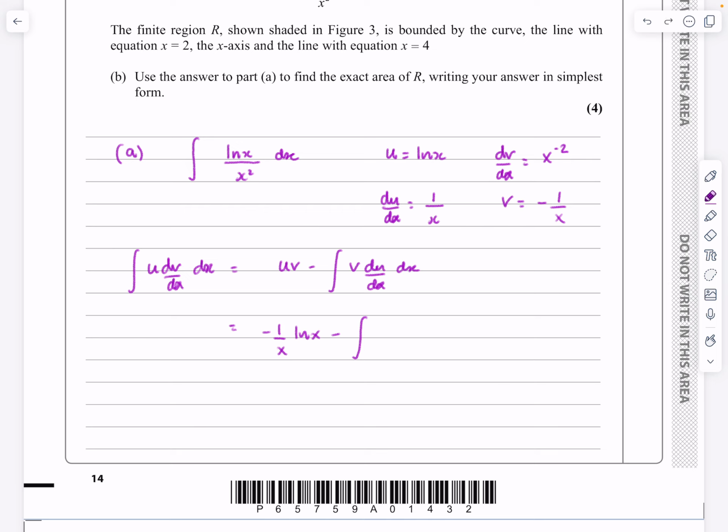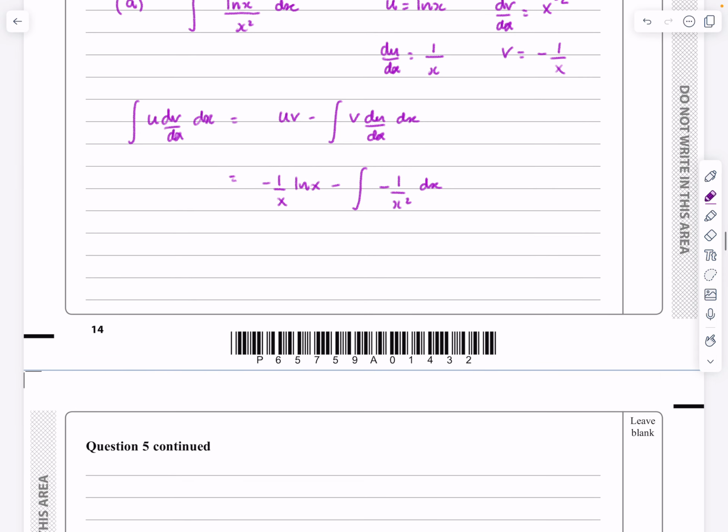So it's minus the integral of minus 1 over x times 1 over x, so that's minus 1 over x squared dx. Okay, so that works out to be minus 1 over x log x. The minus and the minus cancel out, so we get the integral of x to the minus 2 dx.